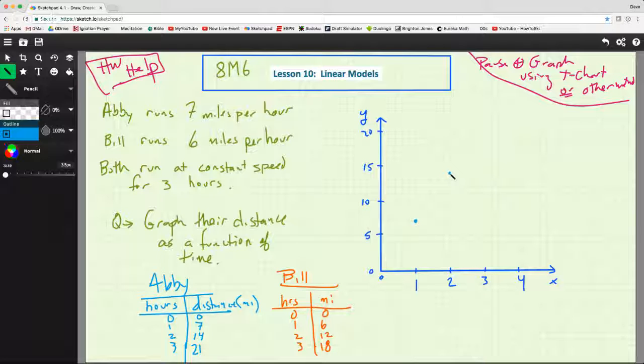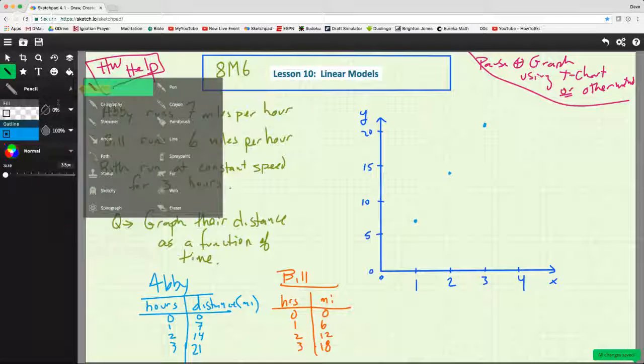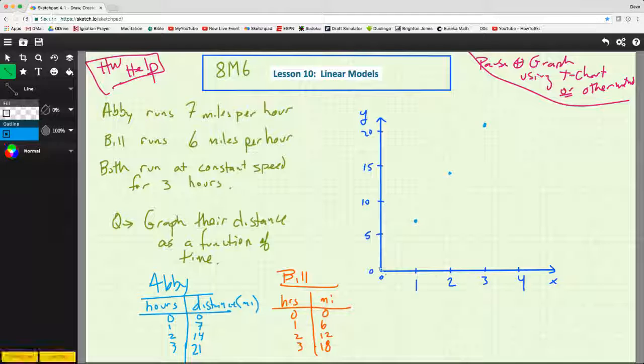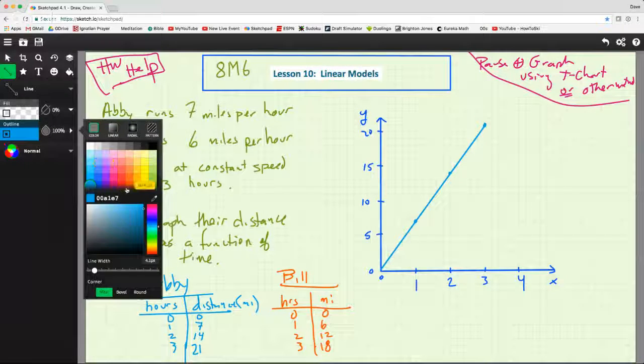And after 3, she's gone 21. Okay, and she hasn't gone any further. I don't draw an arrow here, because we're only running for 3 hours, so we stop there.